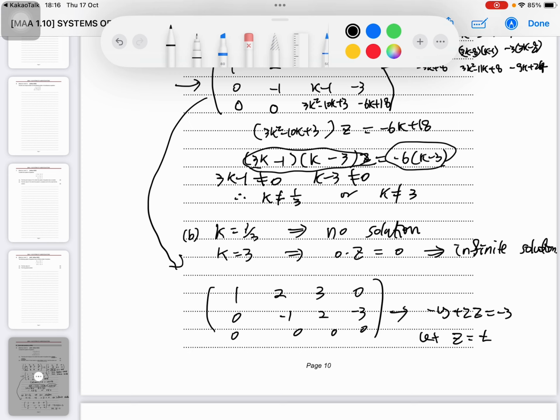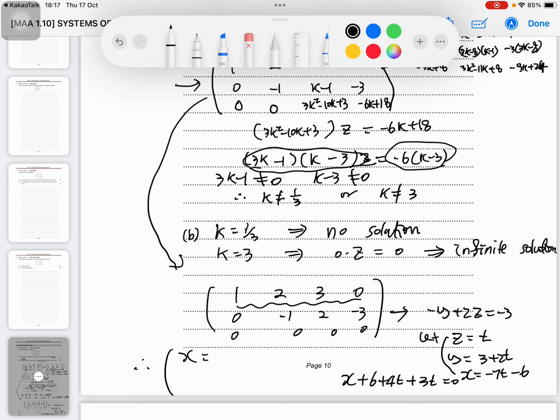Usually we set z as t. So y becomes 3 plus 2t. From the first line, x plus 2y plus 3z equals 0. Therefore, x equals negative 6 minus 7t. So the solution is x equals negative 6 minus 7t, y equals 3 plus 2t, z equals t.